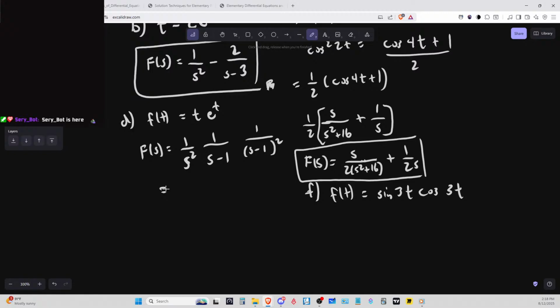What is it that I'm doing wrong here? Do we have to do like a product rule or something?